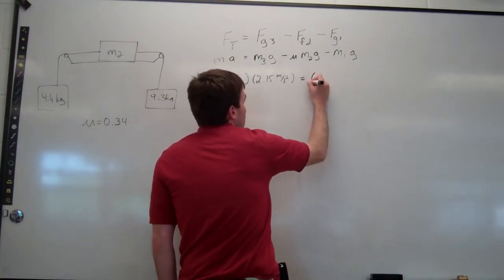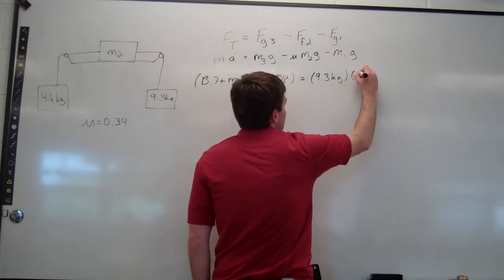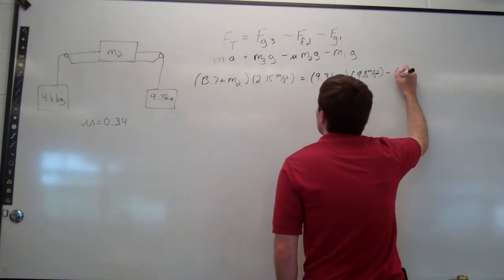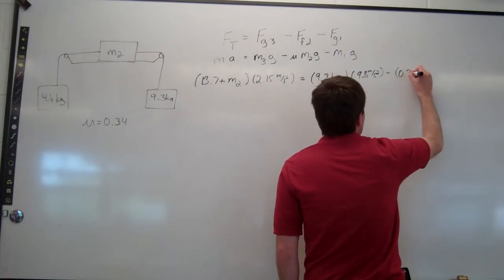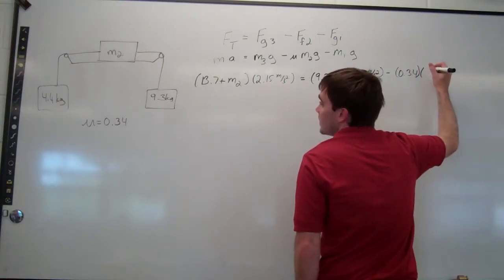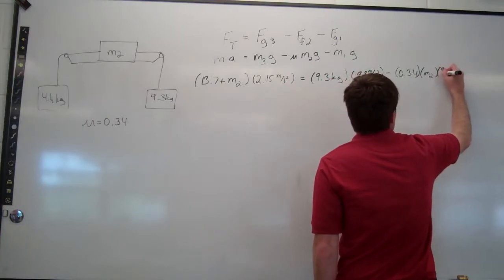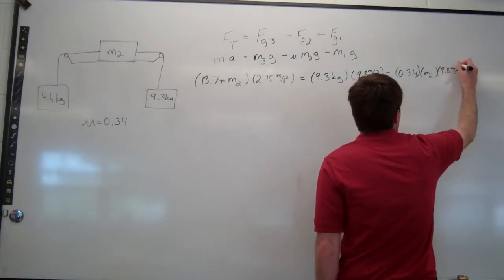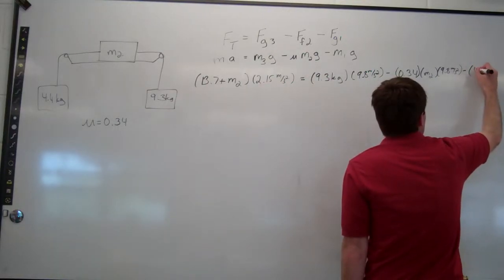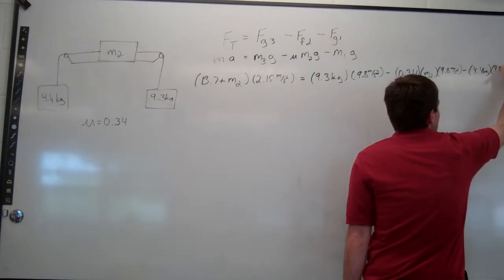What's m3? 9.3 kilograms times 9.8 meters per second squared, minus mu, which is 0.34, times m2, times 9.8 meters per second squared, minus m1, which is 4.4, times 9.8 meters per second squared.